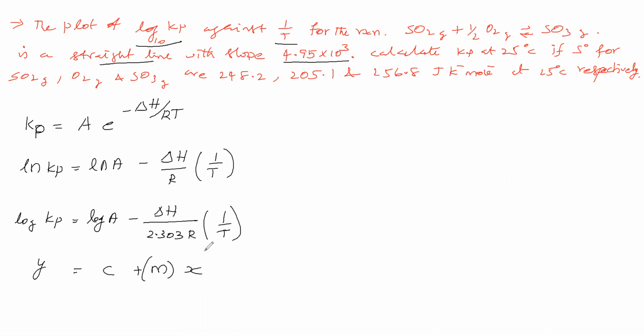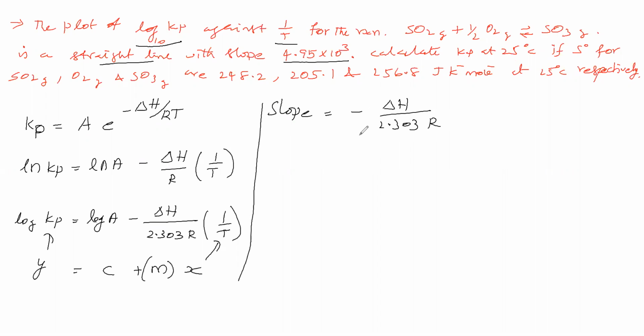So x is 1 by T, y is log Kp, therefore m is the slope. Therefore slope is equal to minus delta H by 2.303 R.